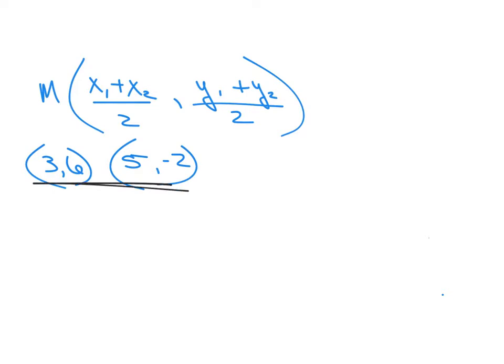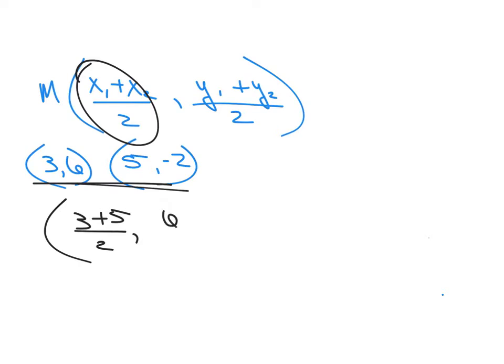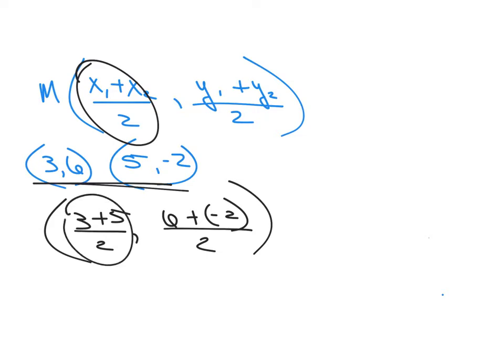So I'm going to take one of my x's, add it to the other one, and divide by 2. That's this part. Then I take my y's and divide by 2. So 8 over 2 is 4. 6 minus 2 is 4, over 2 is 2. So that point right there is the halfway point between these 2 points.